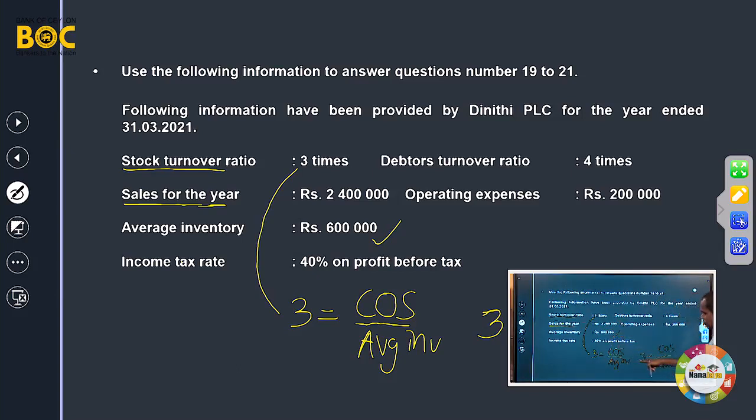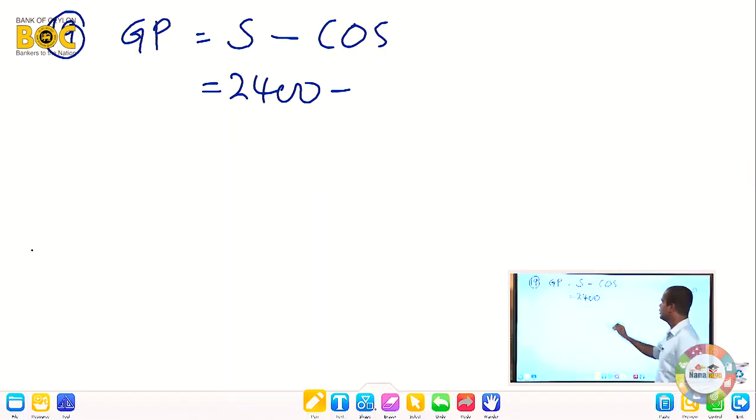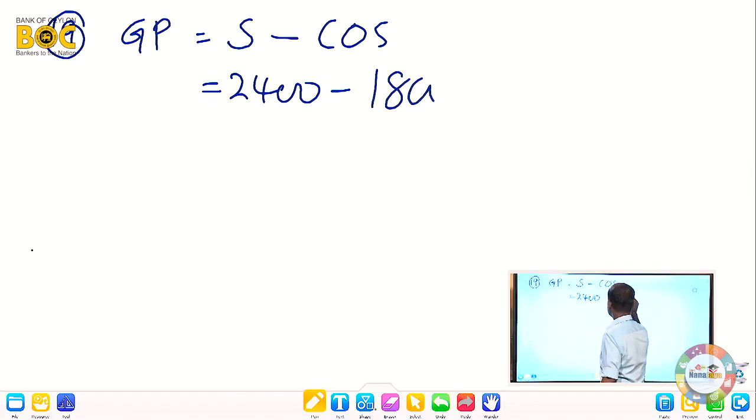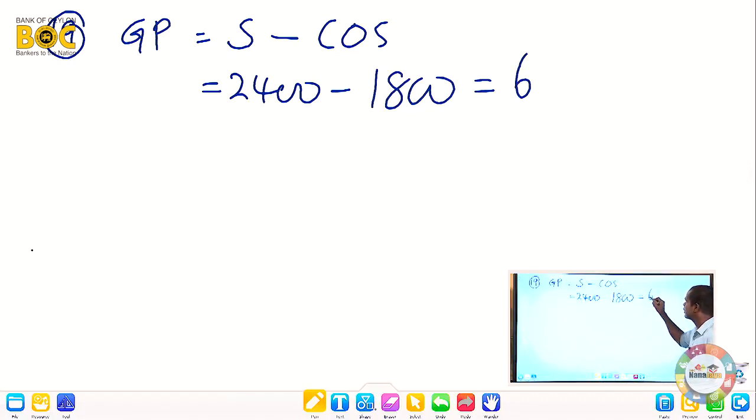Inventory turnover ratio is 3, which is equal to cost of sales divided by average inventory. Then the cost of sales is 600 into 3, 1,800,000. Then the gross profit is 600,000 rupees.